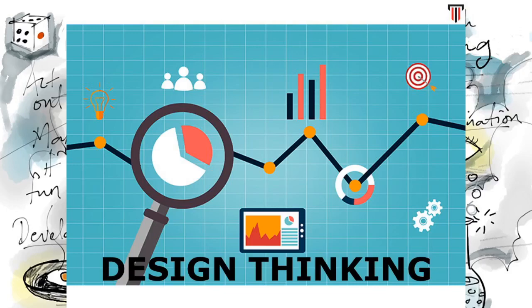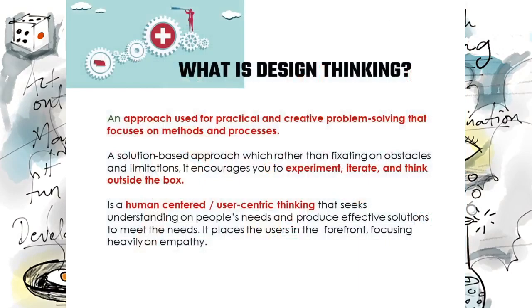It's a way that was very popularly used by designers in the past, but the difference between it and other methods like lateral thinking, and all the other things you can find in other books, is that design thinking is focused on the human being. It's human-centered design. So human-centered or user-centric thinking is the core of design thinking.